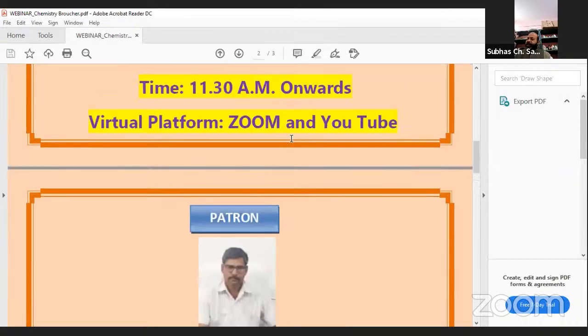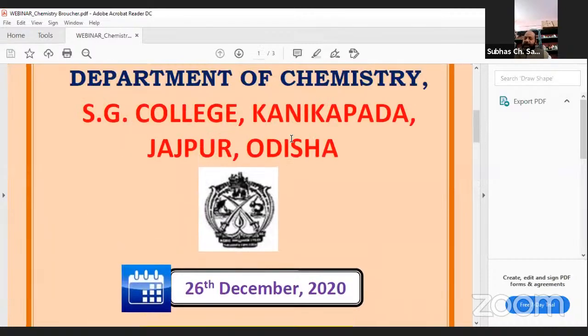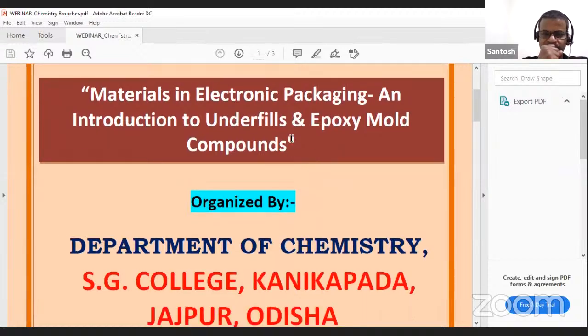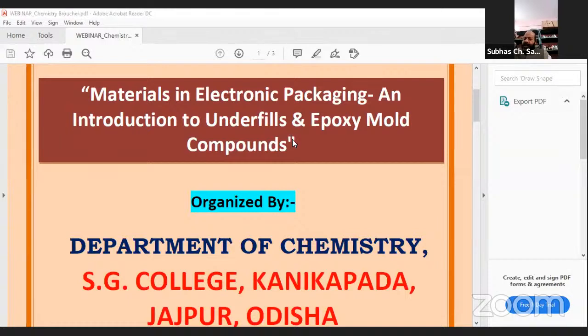He completed his bachelor degree in science from BJB College, Bhubaneswar, in the year 1989, and master degree in science from Utkal University, Vani Vihar, Bhubaneswar, in the year 1991, and the highest degree of education, that is PhD in material science, from Material Science Center, IIT Kharagpur. He published 20 research papers in international journals.